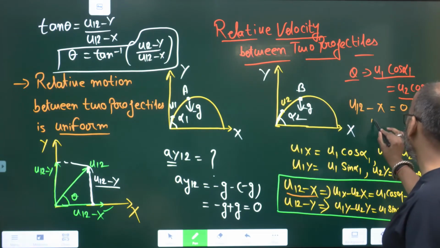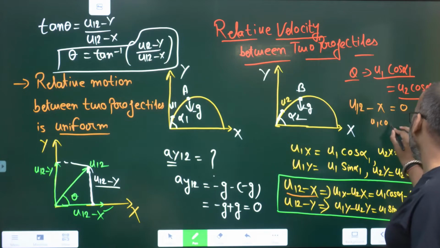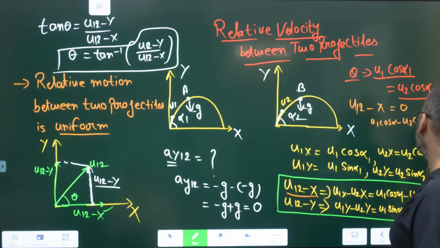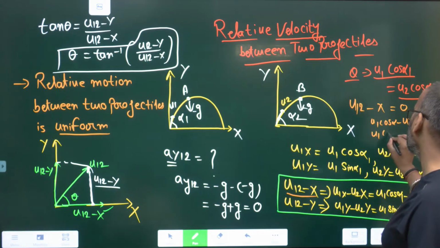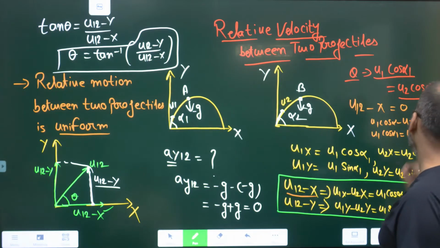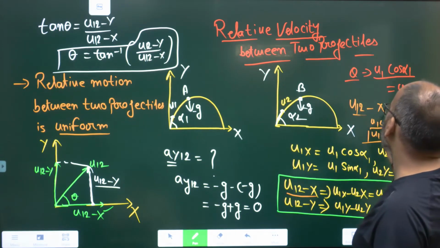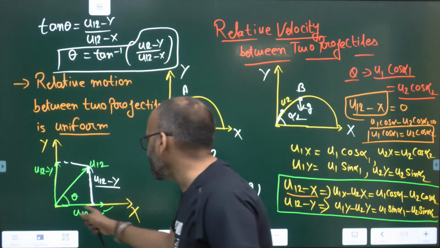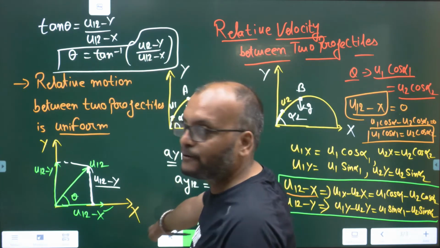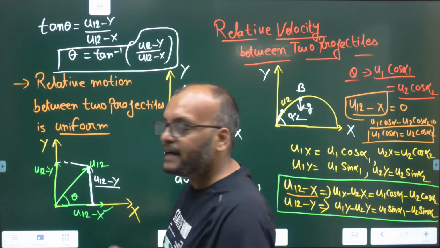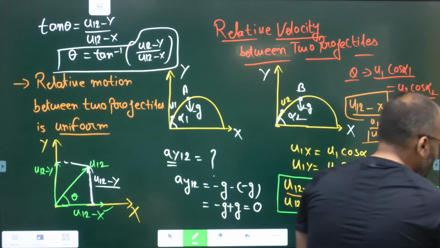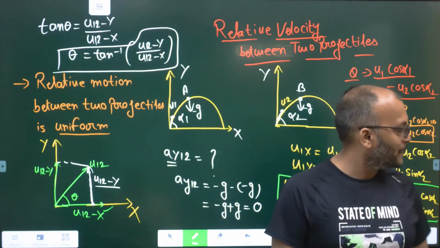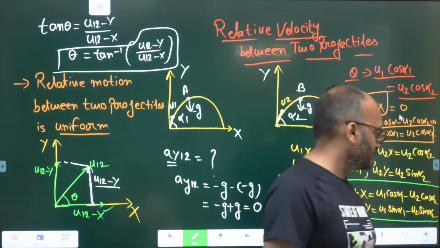If you equate it with 0 and transfer to the other side, you will get u1 cos alpha 1 equal to u2 cos alpha 2, yes or no? You will get the same thing when u12x is 0. Now u12x being 0 means there is no horizontal component, so the body is moving along the y-axis. Yes or no?